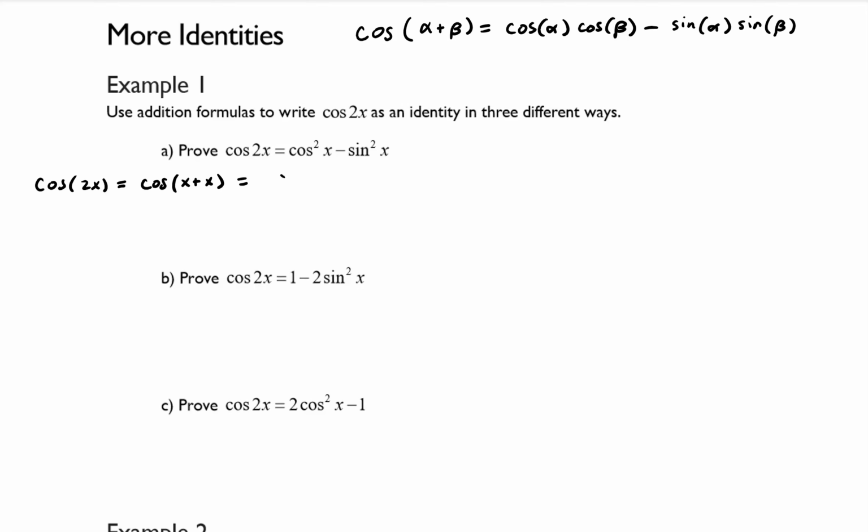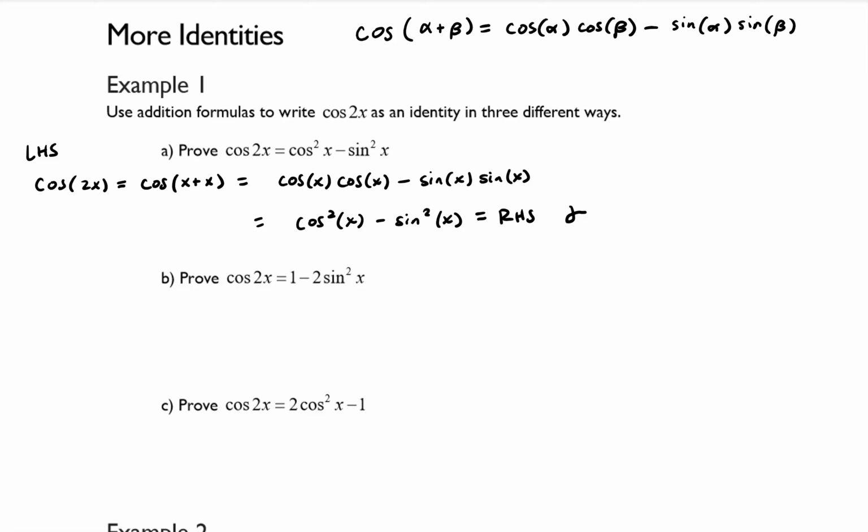So then we would write this as cosine of x times cosine of x minus sine of x times sine of x. And if we simplify that, that just becomes cosine squared x minus sine squared x, which is equal to, I should have started off saying that this is the left-hand side and this is the right-hand side. And so we are done there.